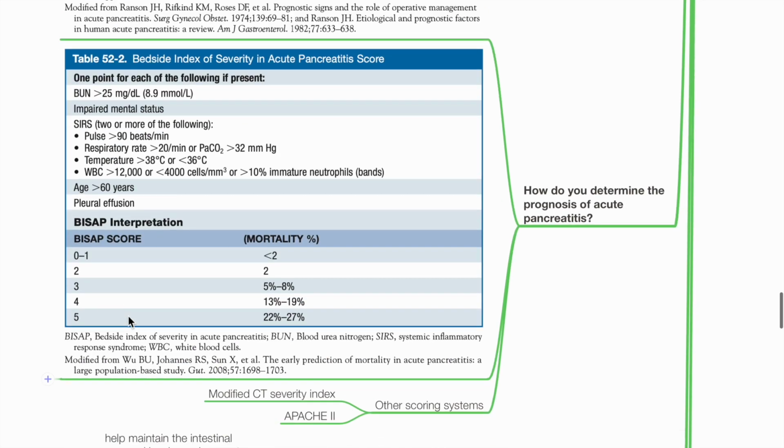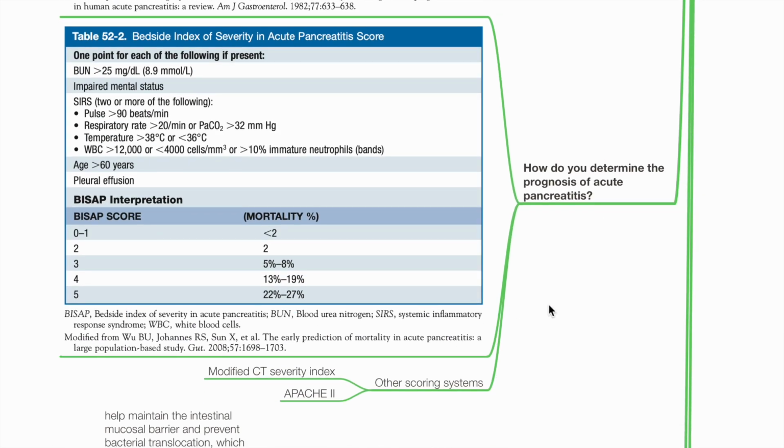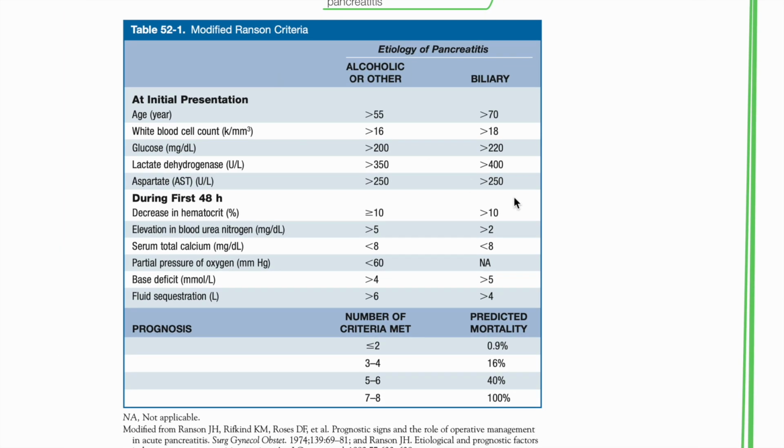How do you determine the prognosis of acute pancreatitis? The prognosis can be determined with various scoring systems such as the modified Ranson criteria, with number of criteria met of 2 or less, predicted mortality 0.9%, number of criteria 3 to 4, predicted mortality 16%, number of criteria 5 to 6, predicted mortality 40%, number of criteria met 7 to 8, predicted mortality 100%.